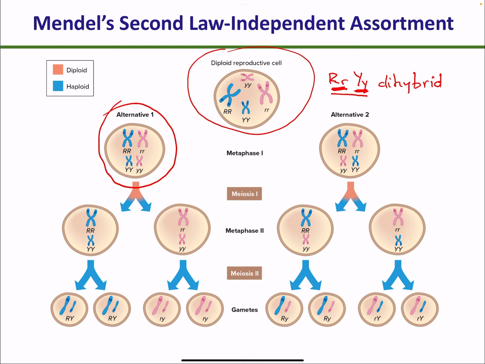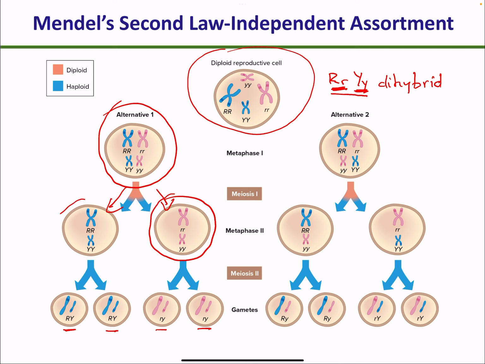When we track the division, we are going to see that at the end of meiosis 1, we're going to have capital R, capital Y, capital R, capital Y here, and then lowercase r, lowercase y, lowercase r, lowercase y. Because of the way the homologous chromosomes separated during meiosis here.